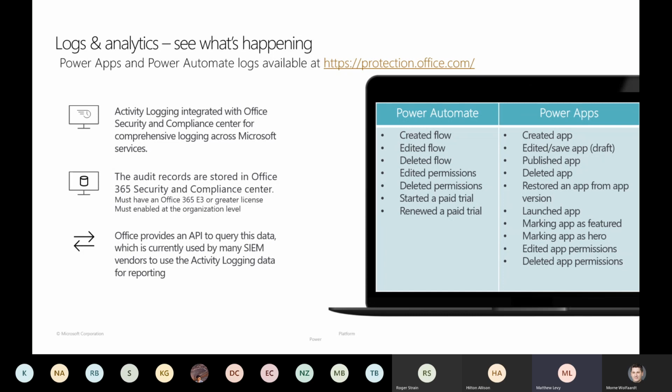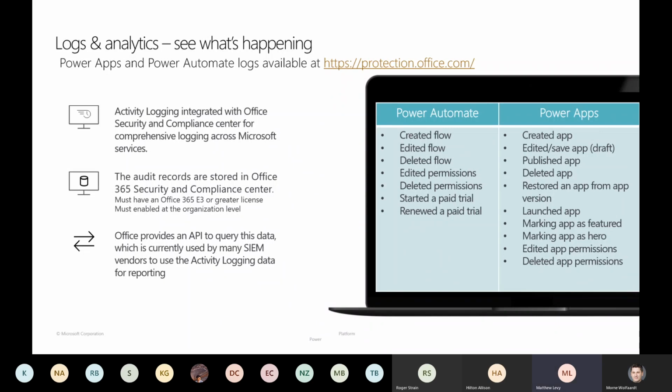Older tenants, and there is a specific date that it documents, older tenants, those logs are off by default and you have to switch them on. When you switch them on, they are logs that are tenant-wide. So they don't only apply to the Power Platform, they apply to all of your Office 365 or your Microsoft 365 tenant. And there are specific logs that pertain to Power Automate and Power Apps.